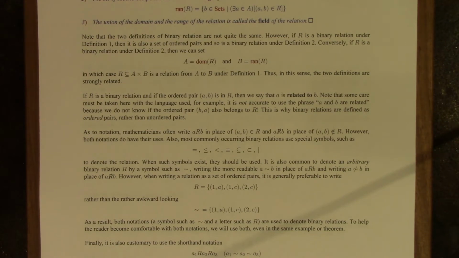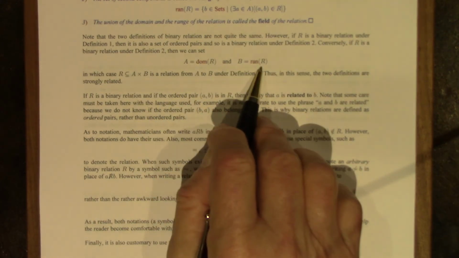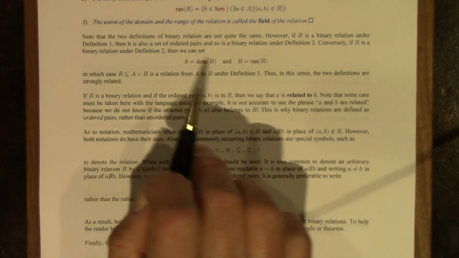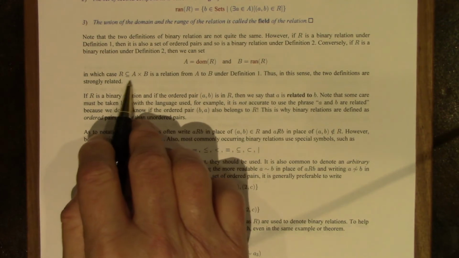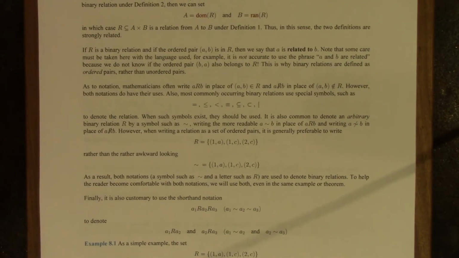And conversely, if R is a binary relation under our second definition, then we can always set A to be the domain of R and B to be the range of R, in which case R now is a subset of A cross B, and so it's a relation from A to B under the first definition. So we can go back and forth between the two definitions. They're different, but they're not horribly different, so it's not something to be overly concerned about.